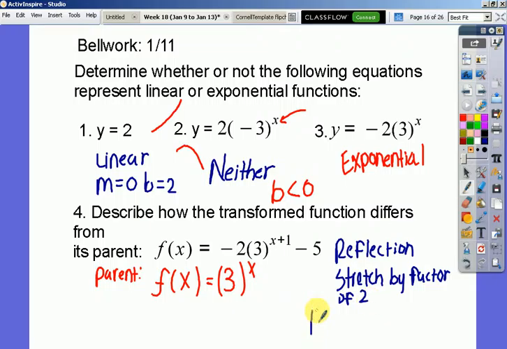Horizontal translation. Remember those words, horizontal translation? Translation meaning movement. So horizontal translation. Left. And then what does a minus 5 do? Yeah, so that's a vertical translation, so movement up and down. So movement down 5 units. So a vertical translation 5 units down.